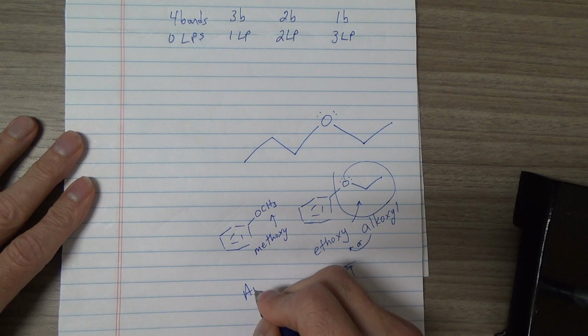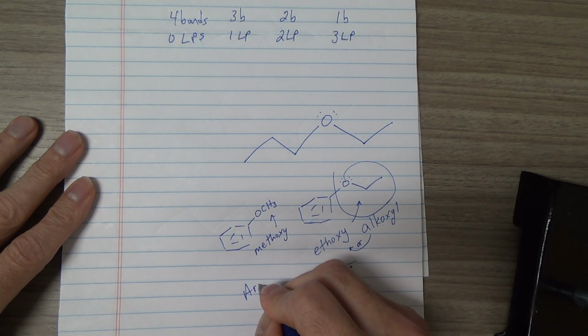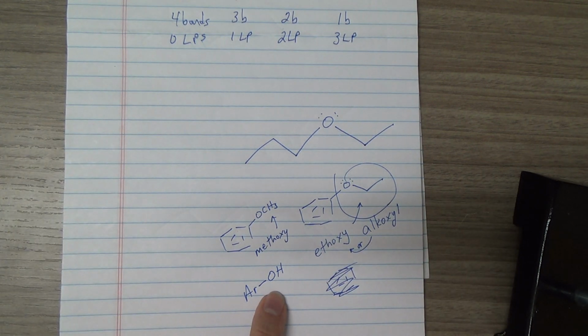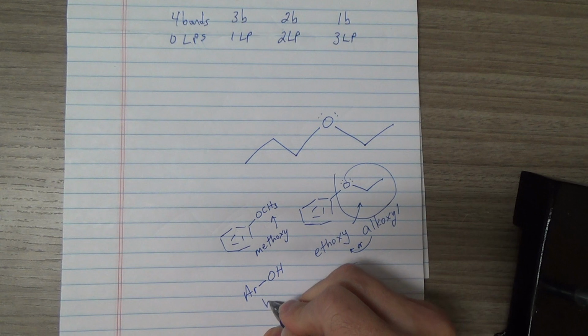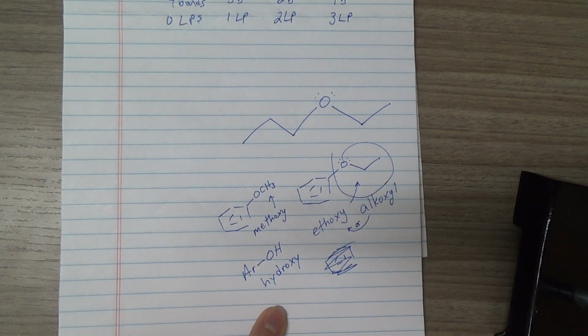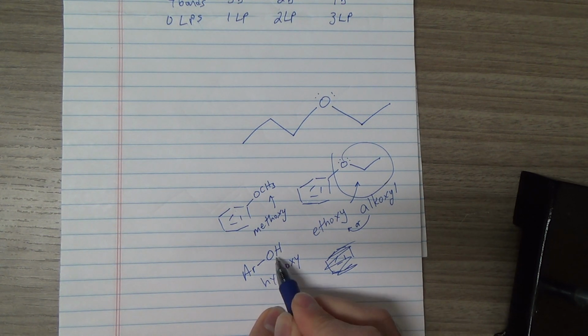Now, let me just call that aromatic so I don't have to keep drawing that. But coming off the aromatic ring, if it was just OH, that is a hydroxy. And hopefully you see the reason that's a hydroxy is because what's on the oxygen is a hydrogen.